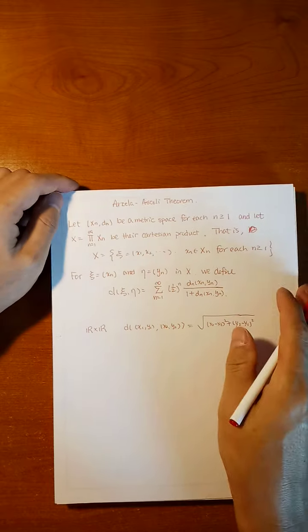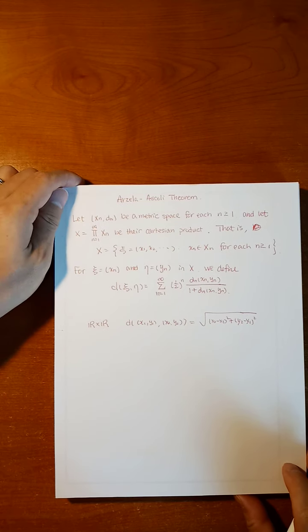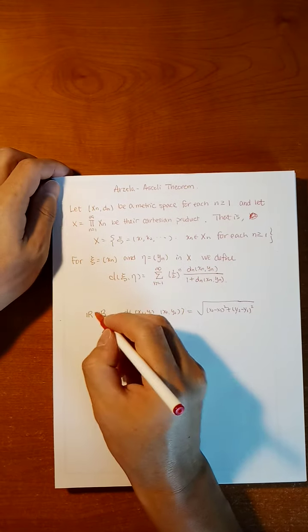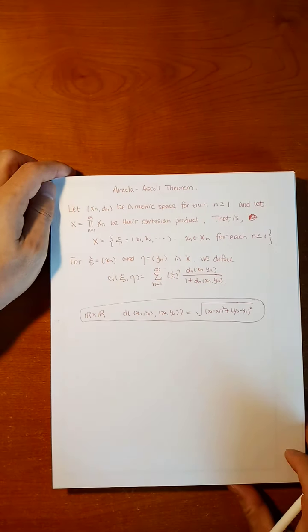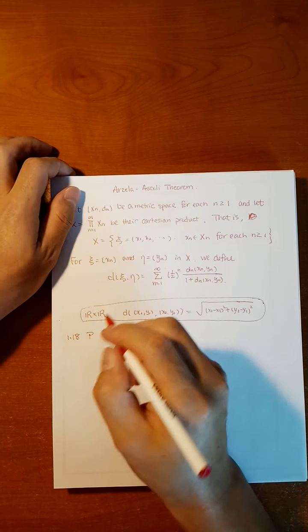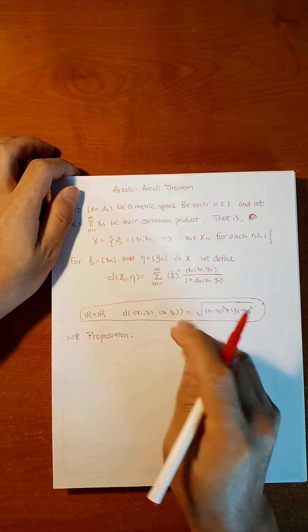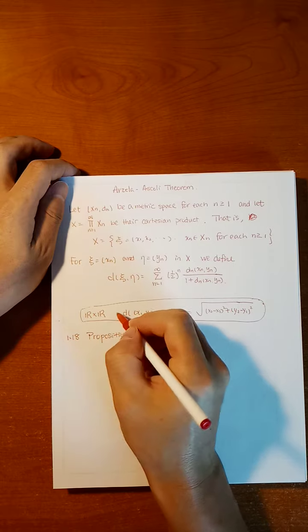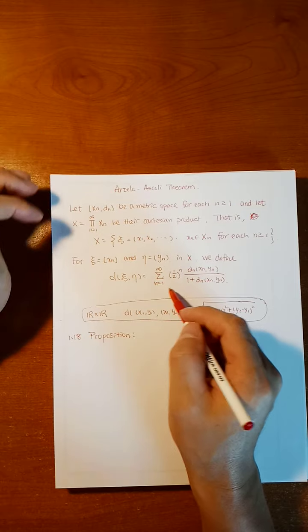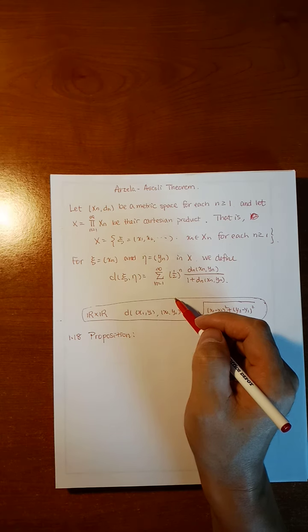But when we have an infinite sum, this sum may not make sense. So we use this special setting. Whenever you have finite products, R2, R3, R4, Rn, we have the similar definition, but for R infinity we have to use some trick to define the metric.